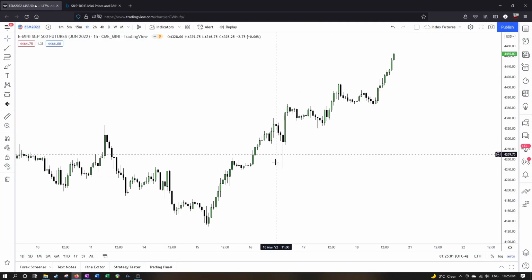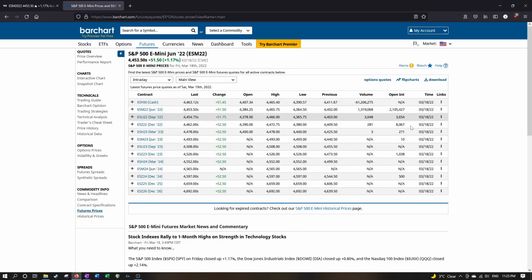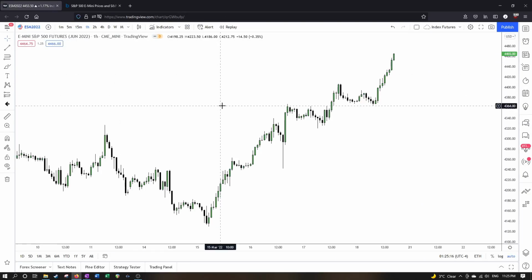See how that just fills right out? It's a lot cleaner, right? That's because of this open interest right here. So that's why we use the contract that has the most open interest on it. And in this case, it is ESM 2022. So that is the reasoning why we are switching over to ESM 2022.